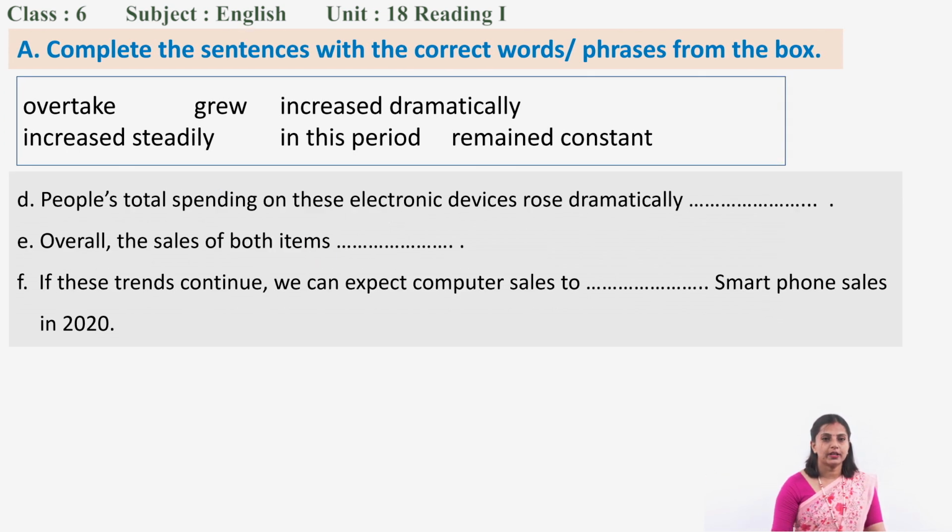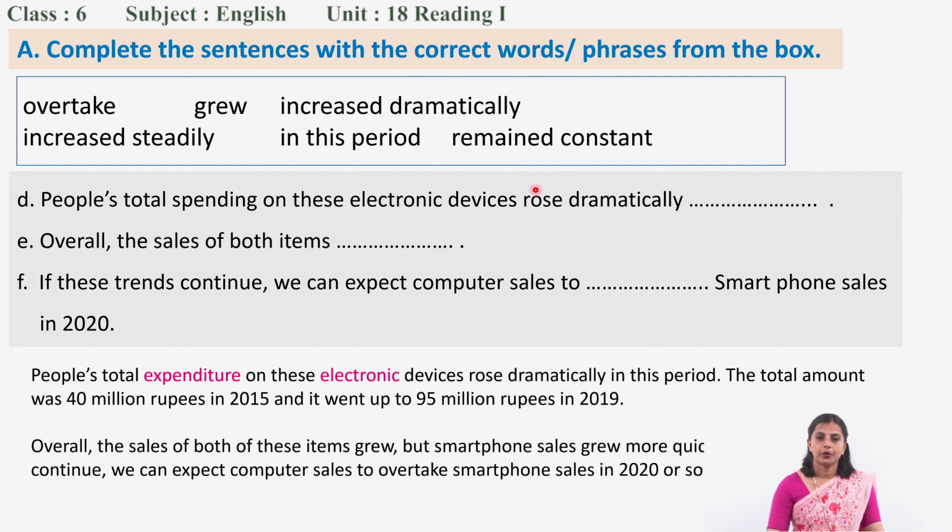Okay, the next one is: people's total spending on these electronic devices rose dramatically after that. What is the correct answer? Yes, exactly. In this period, people's total spending on these electronic devices rose dramatically.